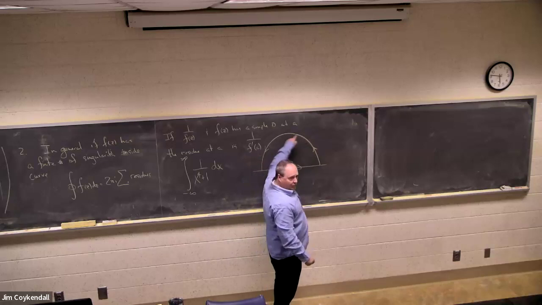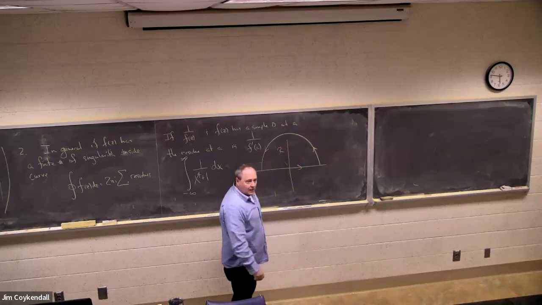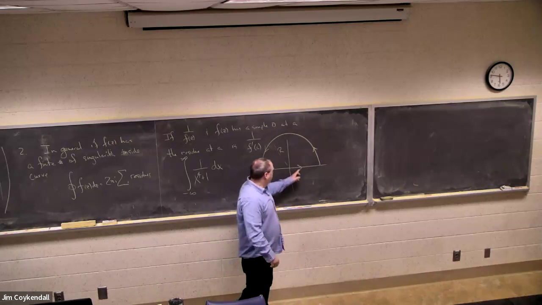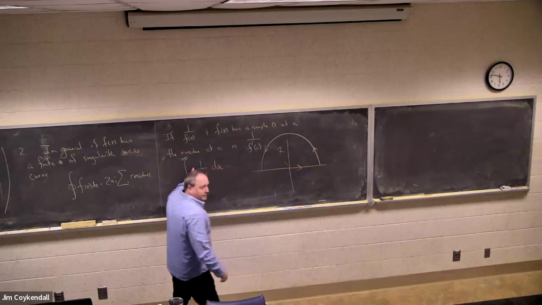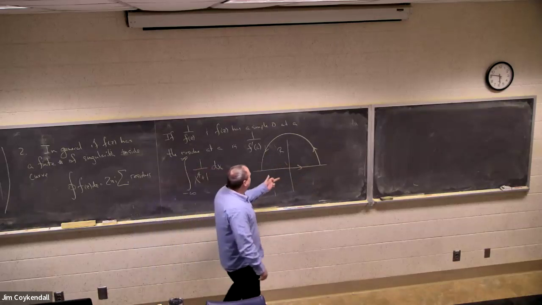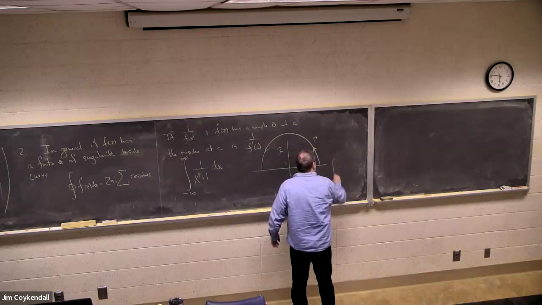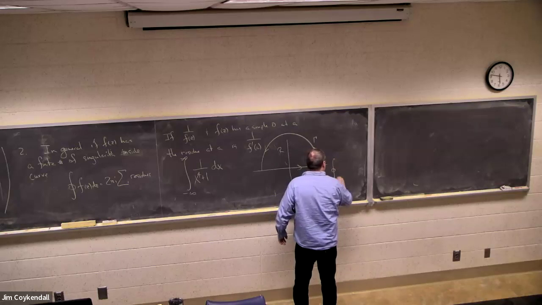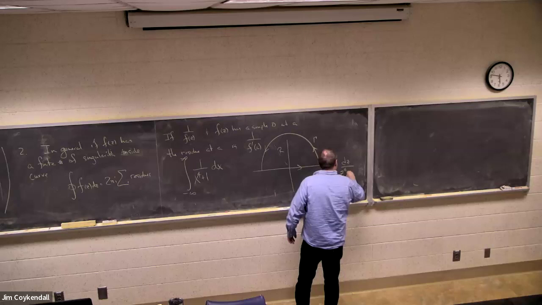I'm going to integrate it this way. So the radius here is r. The bigger r is, the closer this part of the integral will be to being my answer. Agreed? Now my question is, if I call this contour gamma, what is the integral around gamma of dz over z to the 4 plus 1?